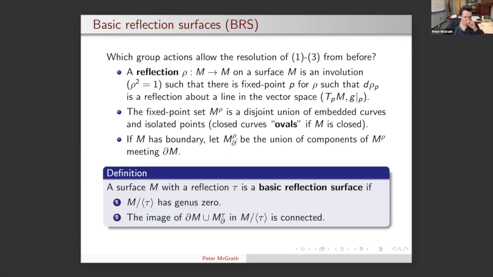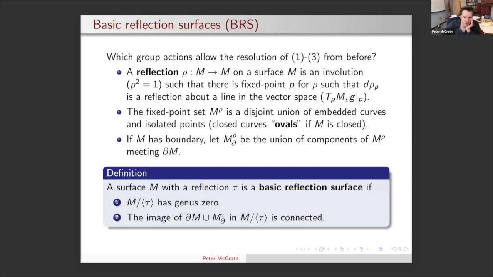And so now I come to a definition. This is a definition of some class of surfaces that have some mild symmetry, and this is sort of the least we need to get nice geometric conclusions for surfaces with some symmetry groups. So we call this class of surfaces basic reflection surfaces, and a surface M with a reflection that I call tau here, we call it a basic reflection if we just have these simple two properties.